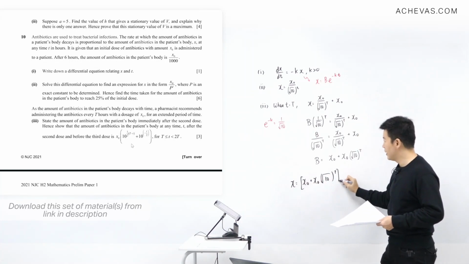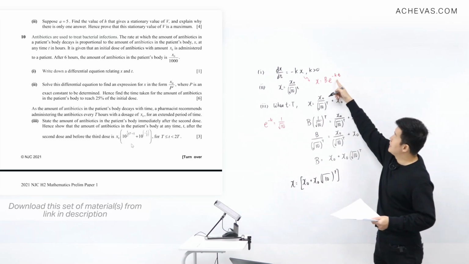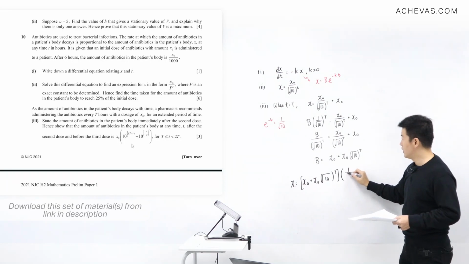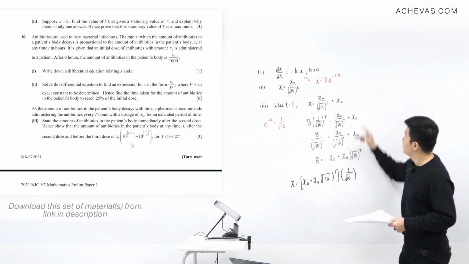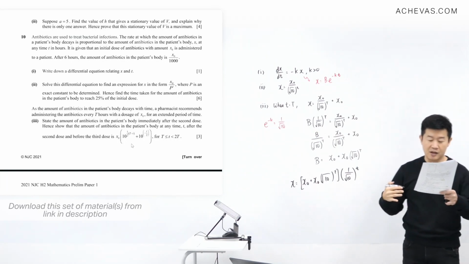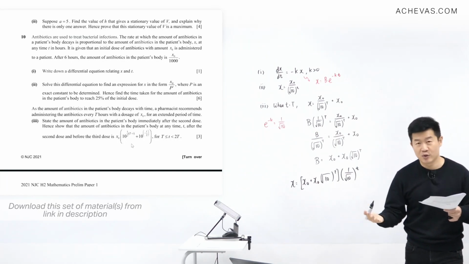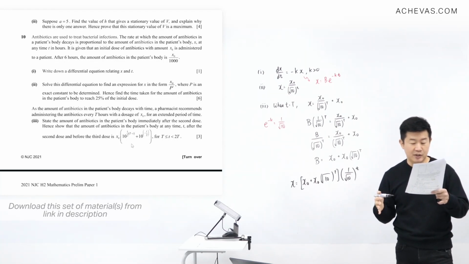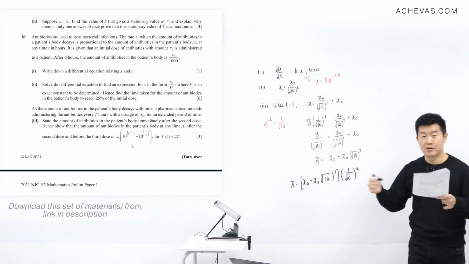This is the new b. Then multiply by e to the power of minus k, which is 1 over square root of 10, then to the power of the variable t. So this is going to be the solved differential equation, which is the amount of antibiotics in the patient's body after the second dose and before the third dose.